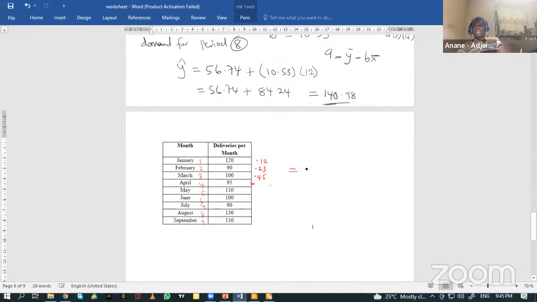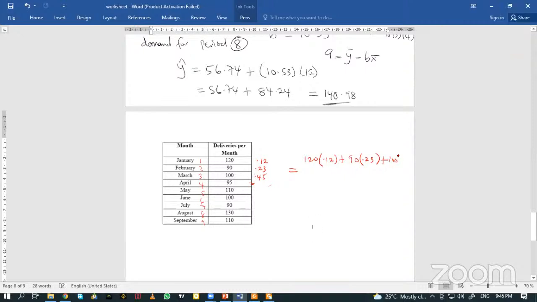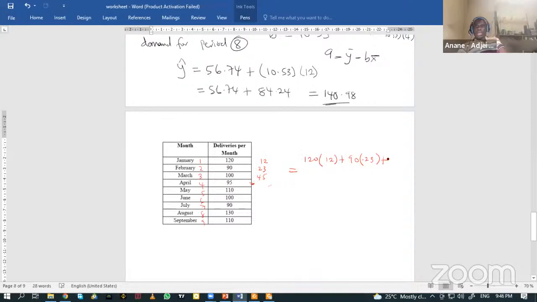So our weighted average is going to be 120 multiplied by 0.12, plus 90 multiplied by 0.23, plus 100 multiplied by 0.45.